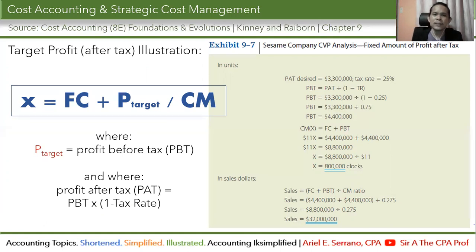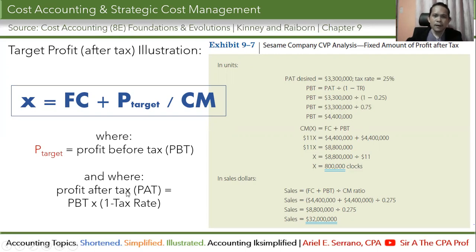Kasi 100% in your profit before tax includes 30%. So bakit siya 1 minus tax rate? Kasi if 1 represents 100%, kung 30% yung ating tax rate, 1 minus 0.3, ang matitira dito 0.7. So parang 100,000 times 70%.